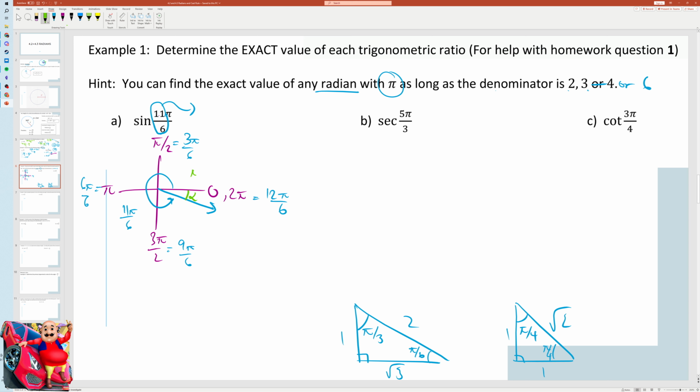That little alpha is equal to just pi over 6. So we can change our sine ratio here from the principal angle to sine of the acute angle, pi over 6, as long as we also account for our good old friend, the CAST rule. We're doing sine in the C quadrant, so we need a negative sign there.